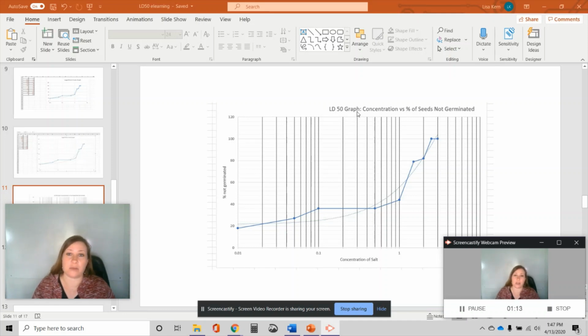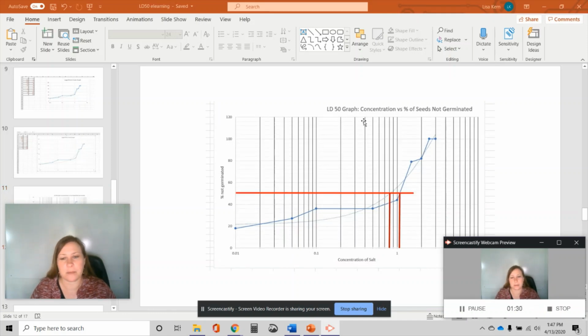LD50 is what we're trying to find. And so then you usually write for your title whatever your x-axis title is versus your y-axis label. So concentration versus percent of seeds not germinated or something like that. So here's the big important part. We were asked to find the LD50 for salt.